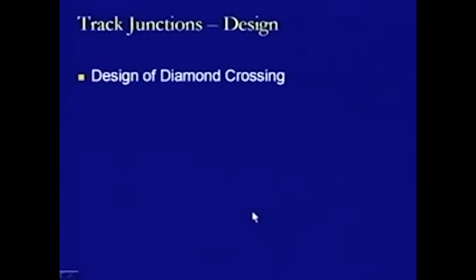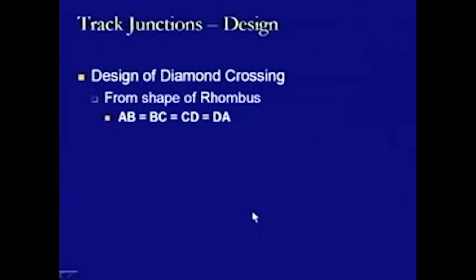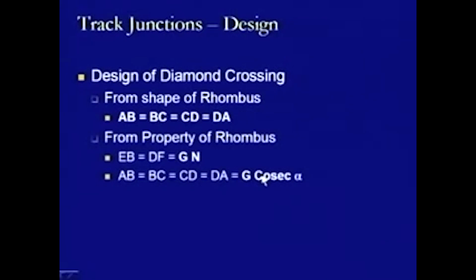How we can do this is that from the shape of a rhombus, AB is equal to BC is equal to CD is equal to DA, all the four sides are equal. From the property of the rhombus, we found that EB is equal to DF, and this is computed as G multiplied with N, whereas AB is equal to BC is equal to CD is equal to DA, that is computed as G cosec alpha.